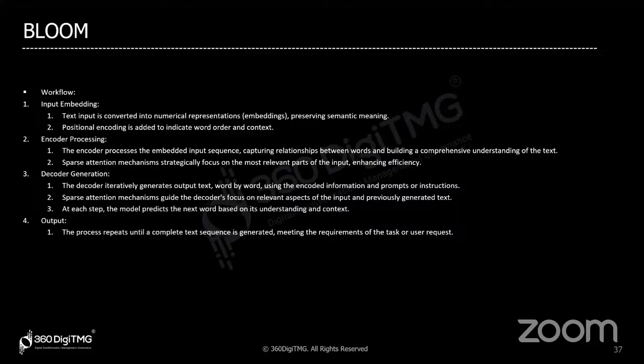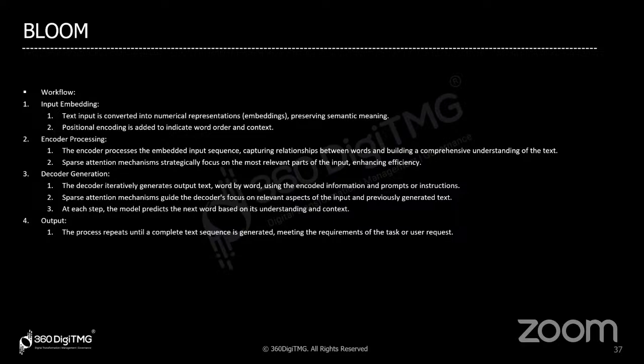Then the workflow of it is input embedding. The text input is converted into a numerical representation. Whatever the text format we have, that will be converted into an embedding, a numerical representation, preserving the semantic meaning. Then positional encoding. Positional encoding is added to indicate the word order and context. Then there is encoder processing.